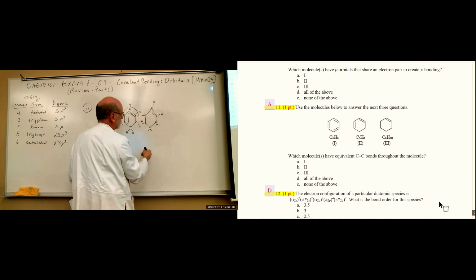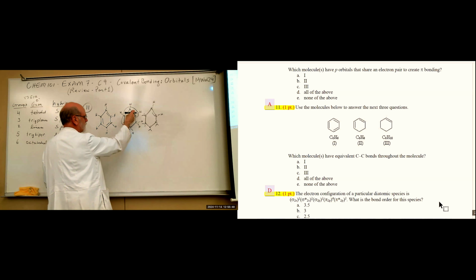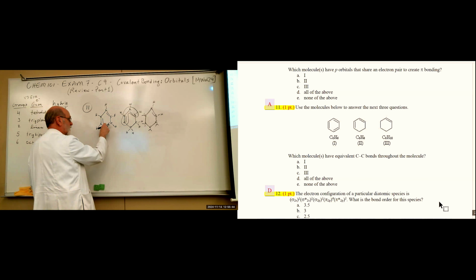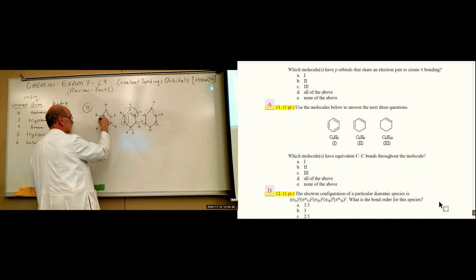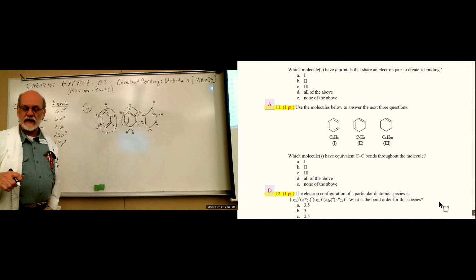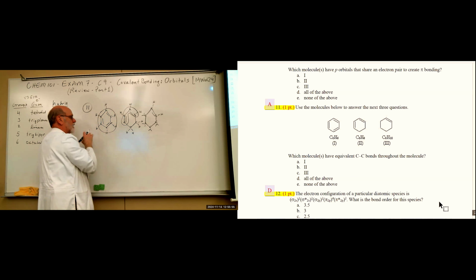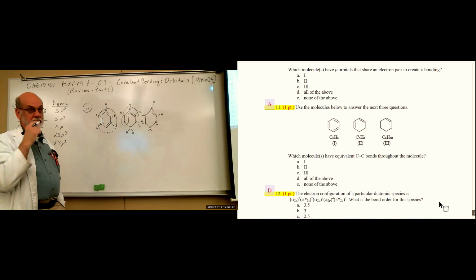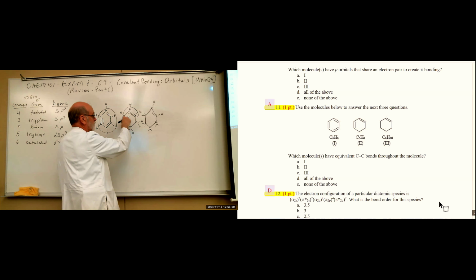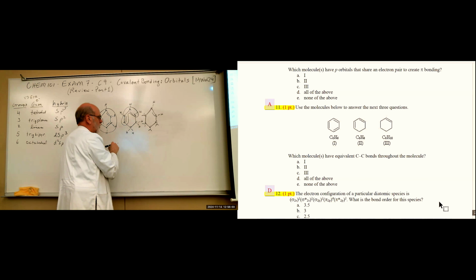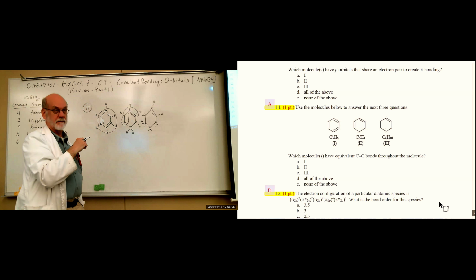This one doesn't do it. It's only got 1. When you have a double, single, double, you can delocalize. When you have a double, single, double, single, double, single in this structure, the whole thing overlaps. And that gives you exactly the same equivalent bonds throughout the molecule. This one, these 3 bonds right here would be equivalent, but these 3 would be different.